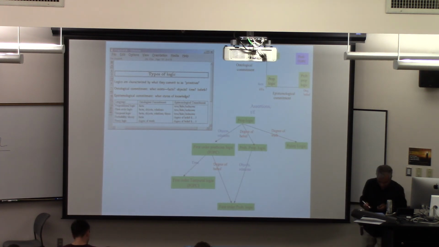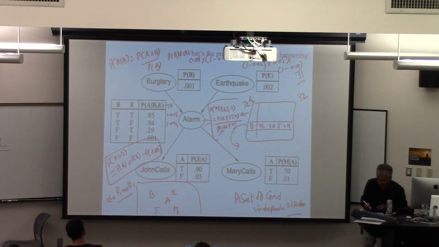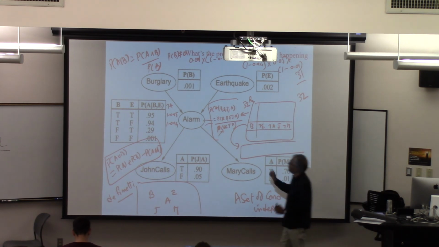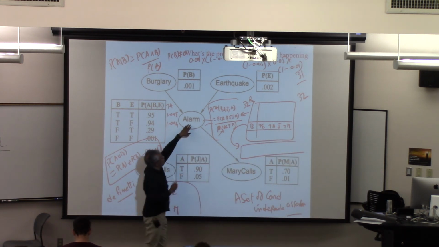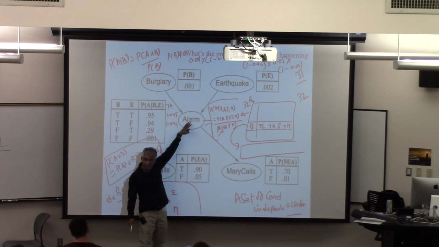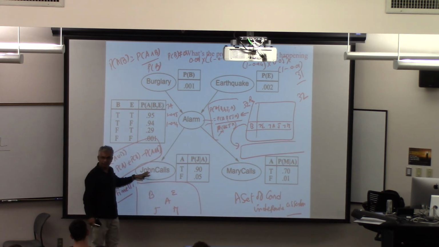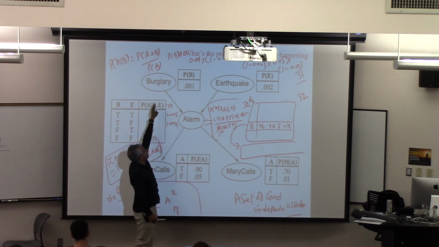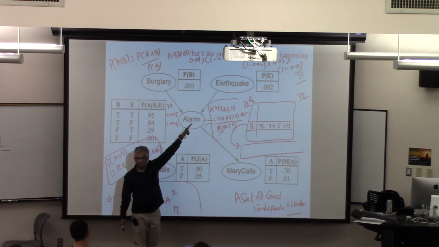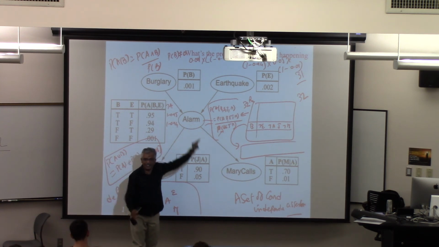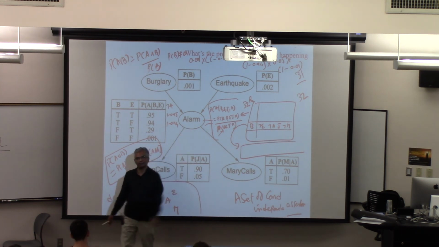The networks capture a particular kind of conditional independence, which is that the probability of John Calls given alarm, burglary and earthquake is the same as the probability of John calling given alarm. That's it.